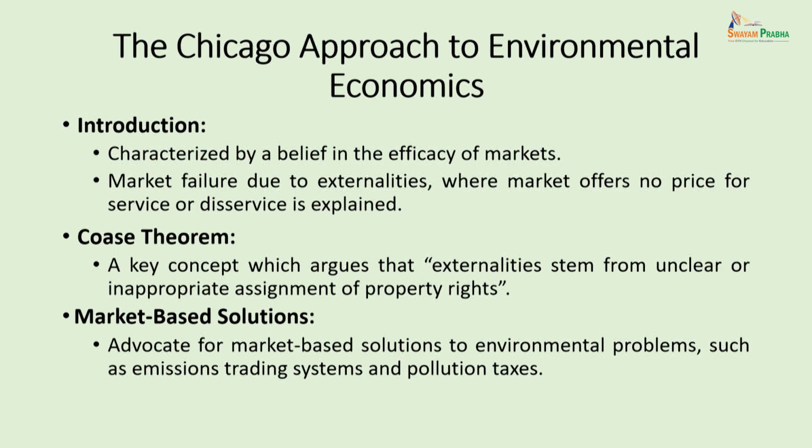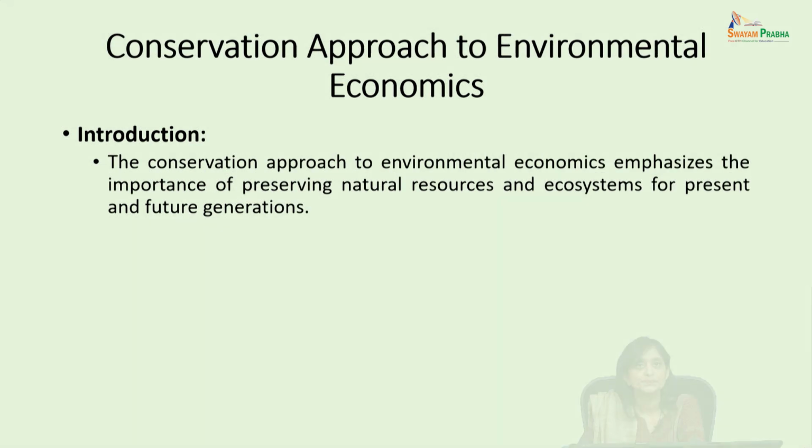Hence, there is a lot of damage or there are a lot of externalities which are stemming because of this lack of property rights. And what have they advocated? They have advocated market-based solutions to these environmental problems such as emission trading systems and pollution taxes.